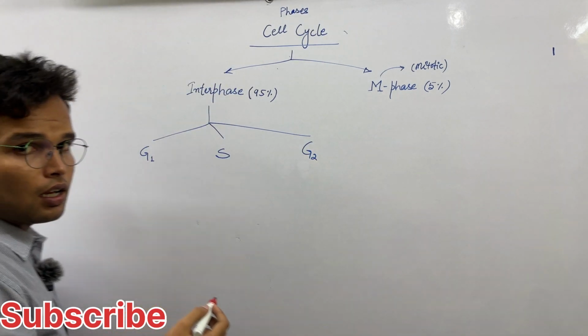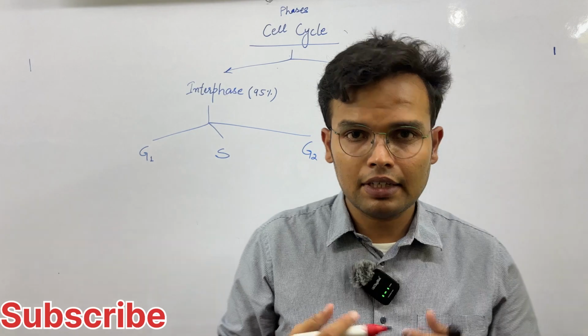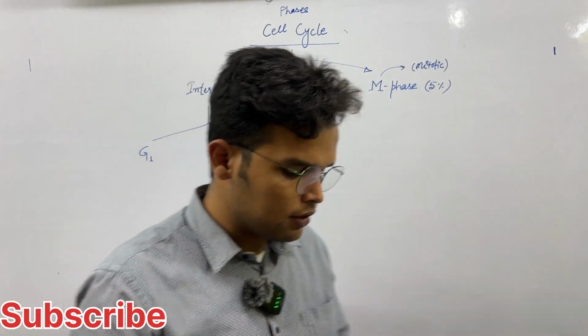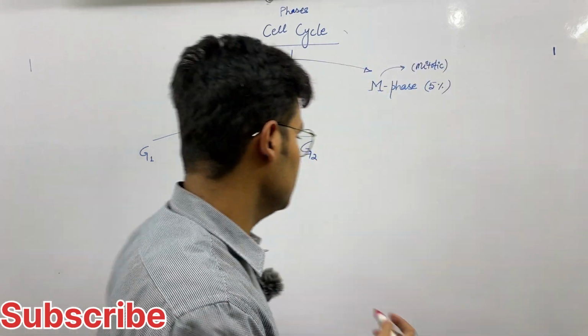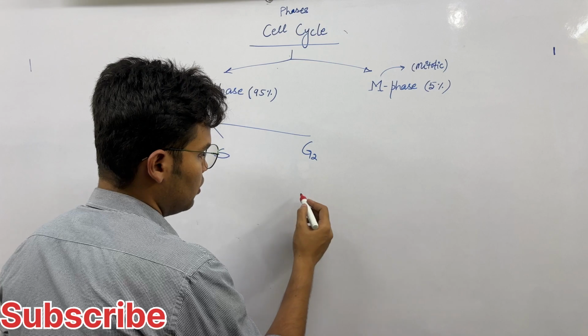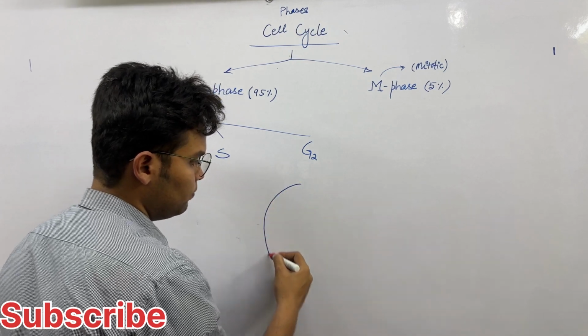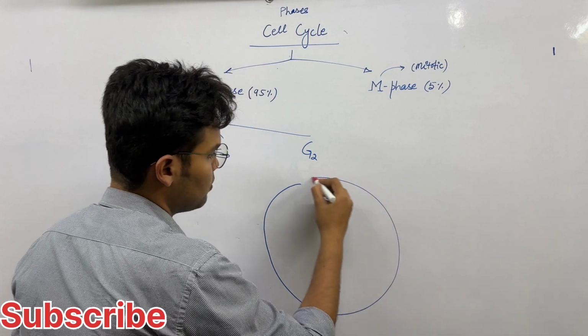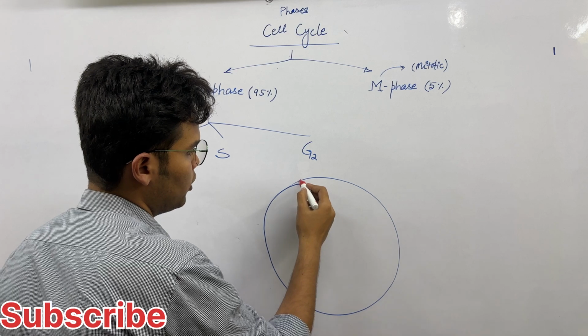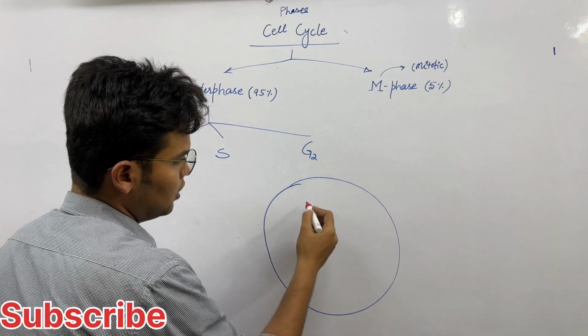If I draw this cell cycle, then you would understand it in a better manner. So I am going to draw a cell cycle. Just because it is a cycle, we are going to study it in a cyclic manner.